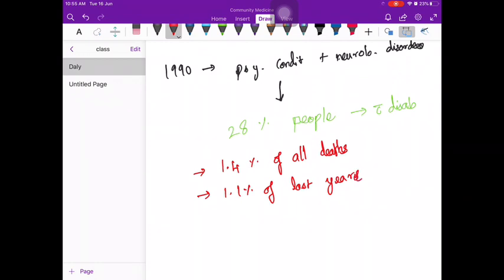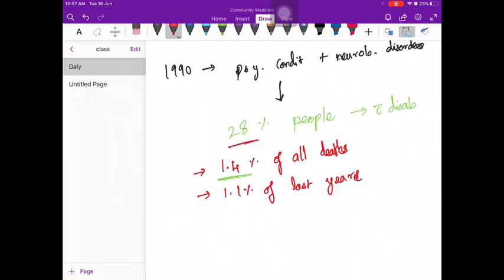from life expectancy. As we see here, if we see the data, the mortality rate due to psychiatric conditions and also neurological disorders is relatively low, that is 1.4% compared to other diseases. But the disability of these conditions is pretty much high.